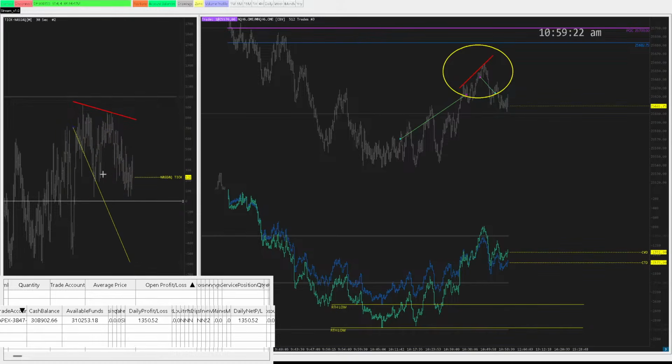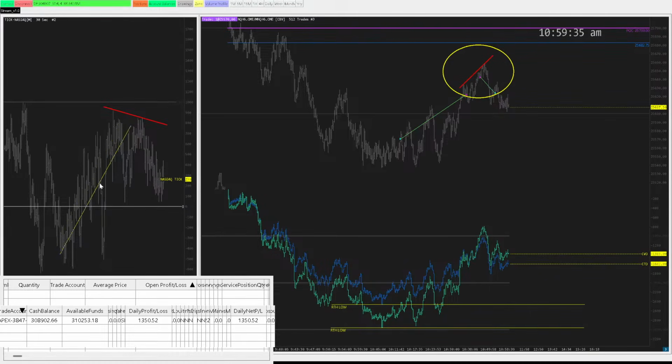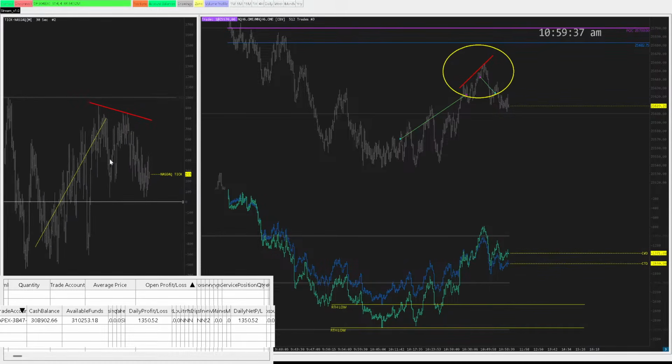If you think about that freight train hurtling down the tracks, well, it was going up, right? It was going up. And now it's kind of going down.